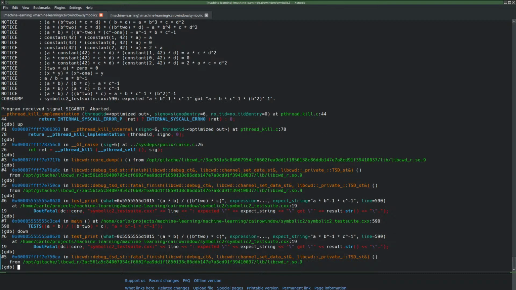Confused. It's not asserting in my new assert. Why not? I mean, I just forbid the base to be a power. So how can this ever have been created?